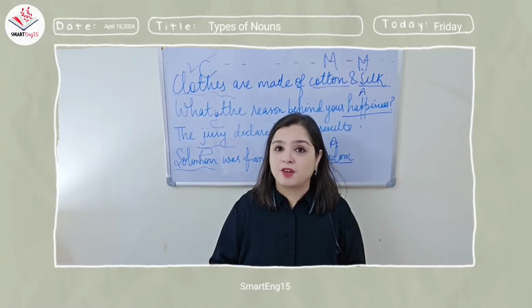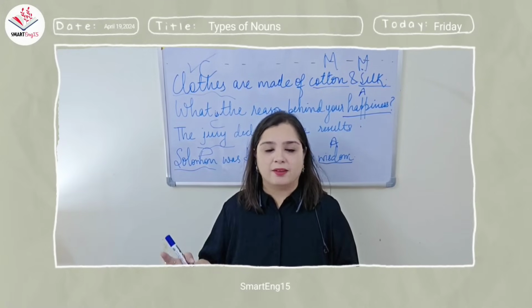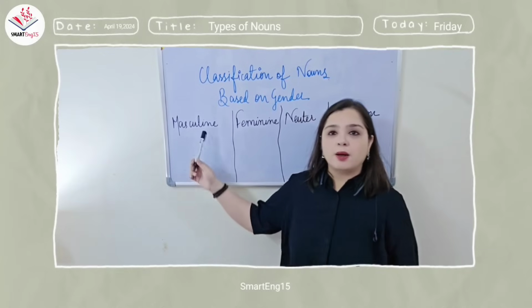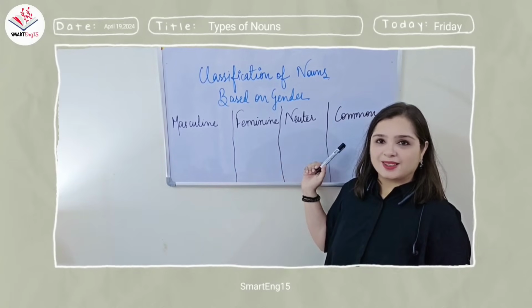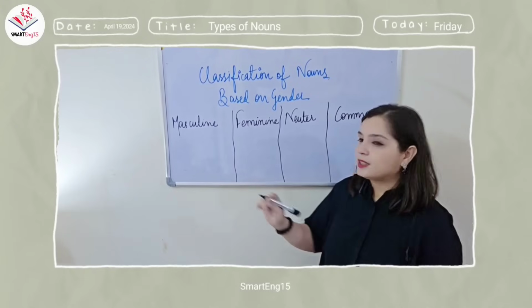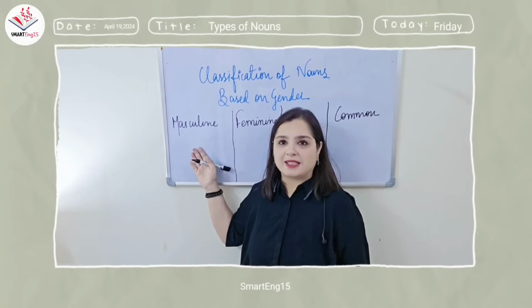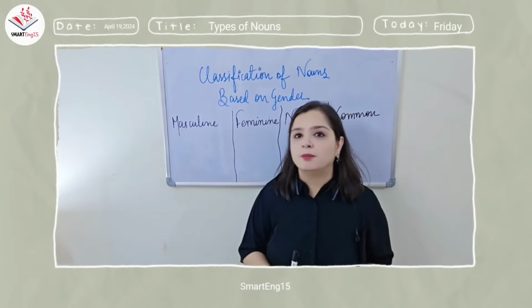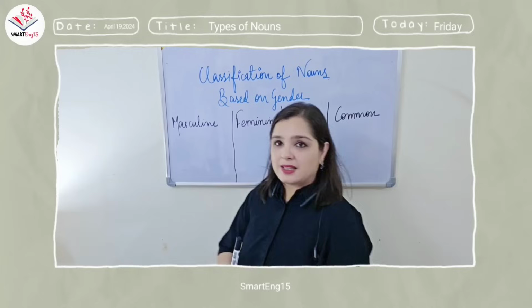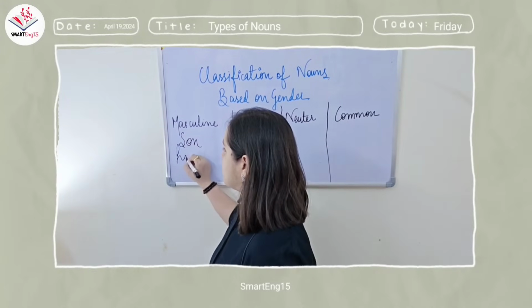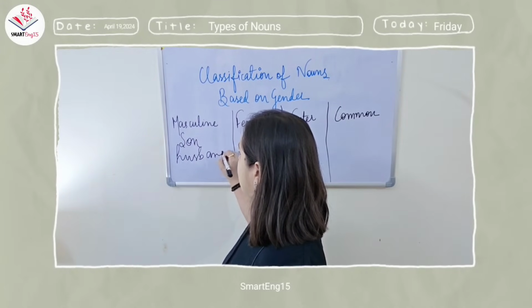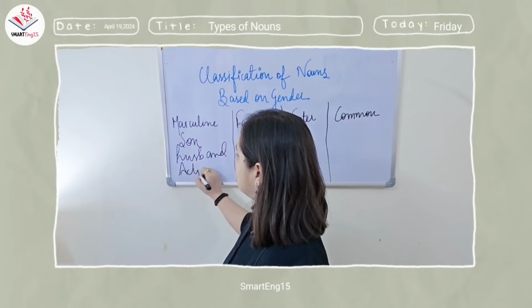Let's learn types of nouns based on gender. There are four kinds: masculine, feminine, neuter and common. Let us talk about masculine first. Masculine means the male gender. Let's take an example. We talk about son, husband, or an actor.